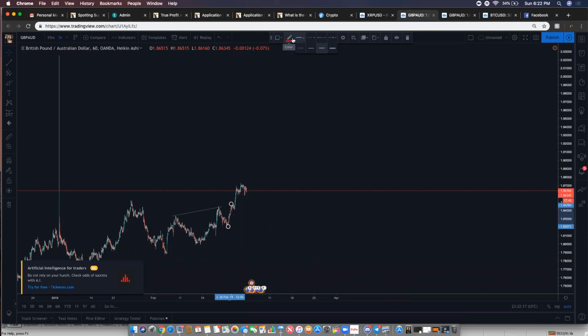Do you see this one move right here? Notice the correction. If I were to identify just support and resistance, here's support of these breakouts, right? Here's the market making its move up. It came back to retest.